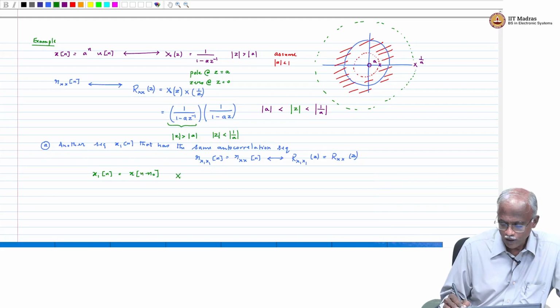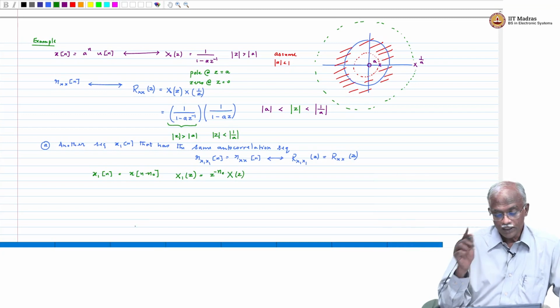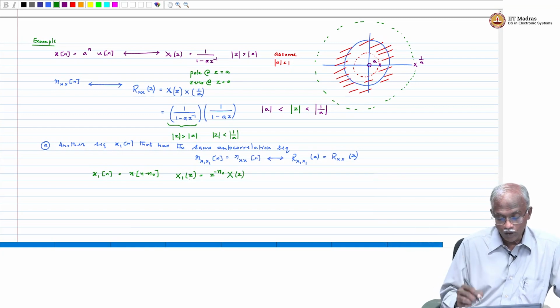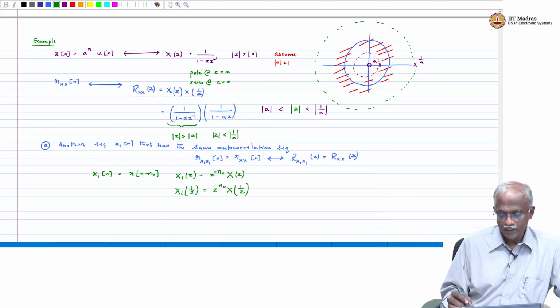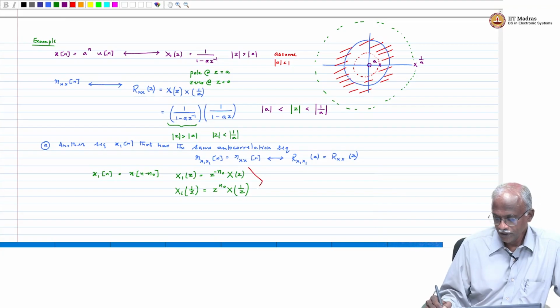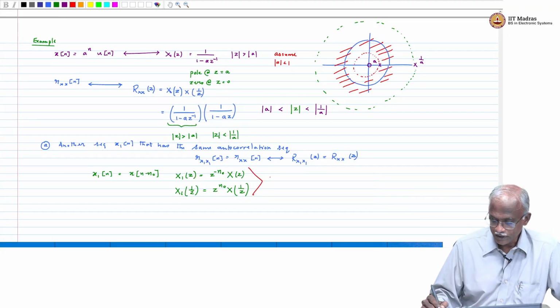What will X1 of z be? X1 of z will be equal to z power minus n naught times X of z. Now, to get the autocorrelation of x1, you must also get X1 of 1 by z. When you do that, you get z power n naught times X of 1 by z.